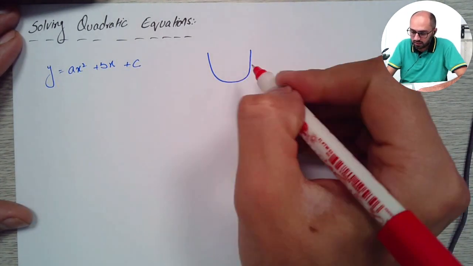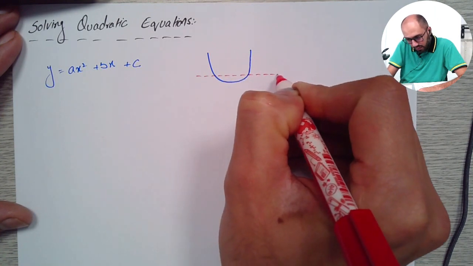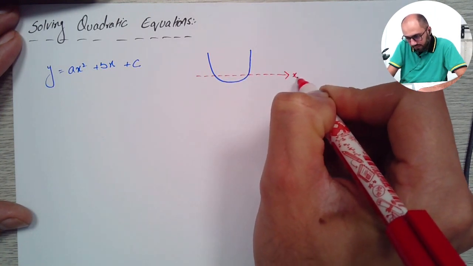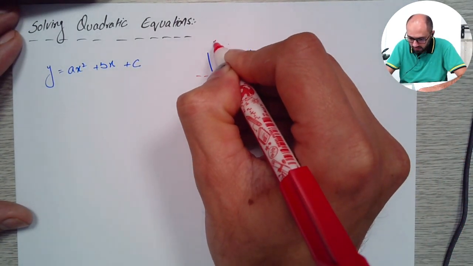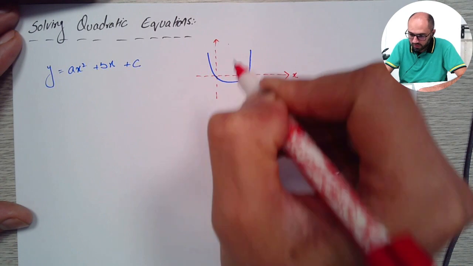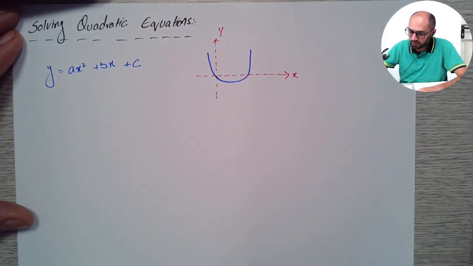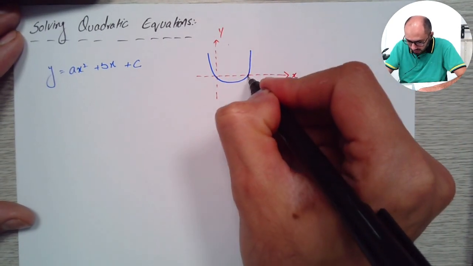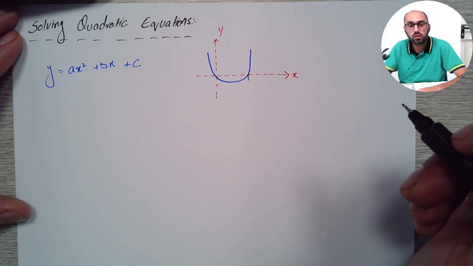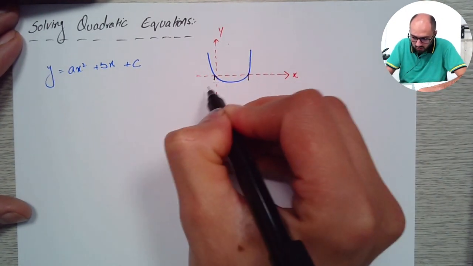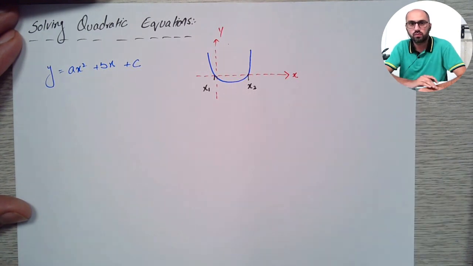The equation that we have here is in terms of x and y. So here's a line representing my x-axis, and here is a line representing the y-axis. Now if you look at it carefully, you will notice that this curve crosses the x-axis at two locations. I'm going to call this one x1 and this one x2.